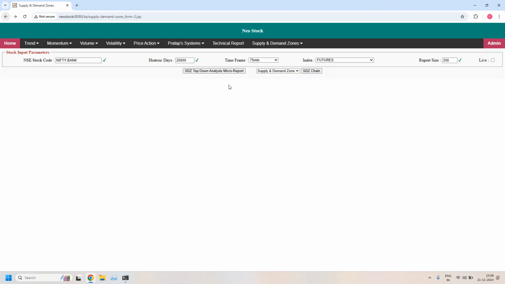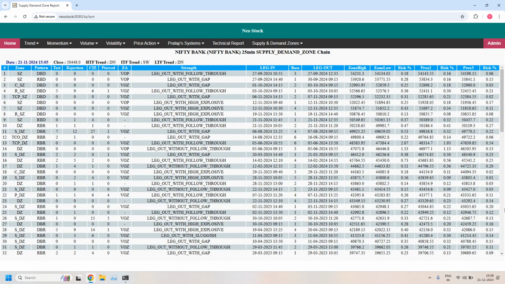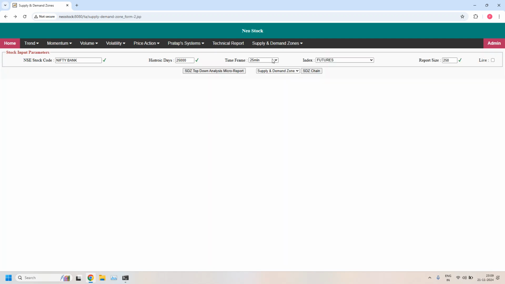Next time frame is 25 minutes, 25 minute supply demand zone chain for bank Nifty. Next time frame is 15 minutes, 15 minute supply demand zone chain for bank Nifty.